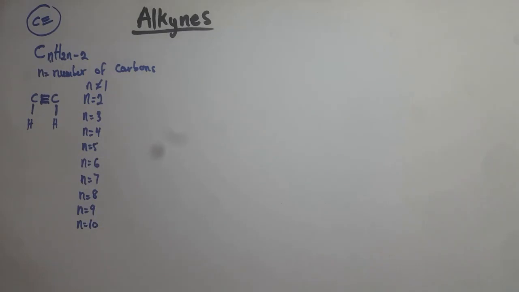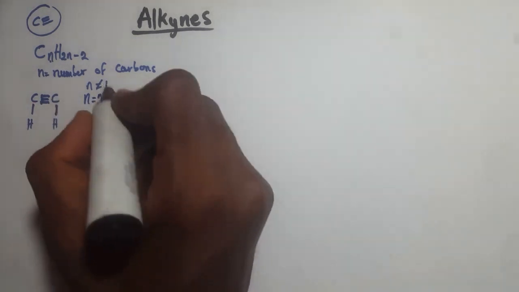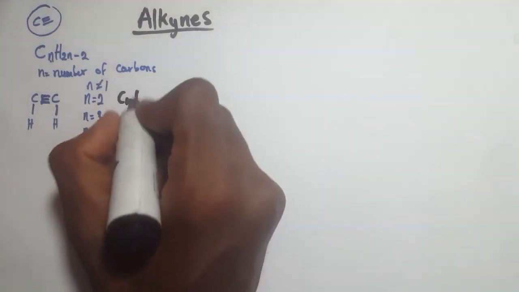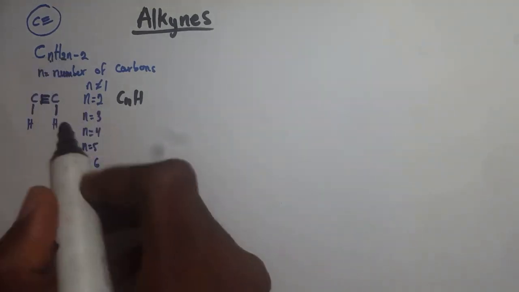So how would the structural formula of an alkyne with 2 carbons look? We are going to have C2H. Now 2 times 2 gives you 4, minus 2.